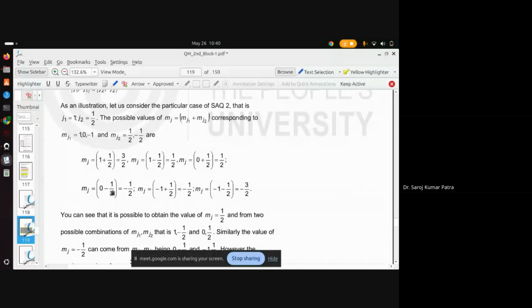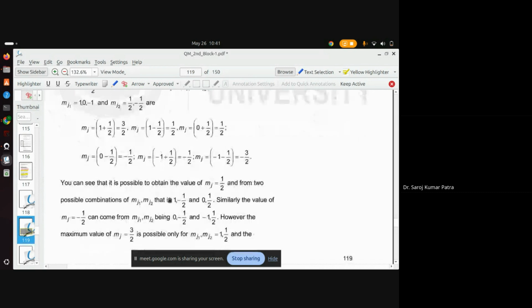Similarly, for mj is equal to minus half, we also have two possibilities. One is 0, minus half, another is minus 1, plus half. ठीक है, only 3/2 और minus 3/2 के लिए हमारे पास क्या है, यूनिक mj1 mj2 values है. So that's why it is written.